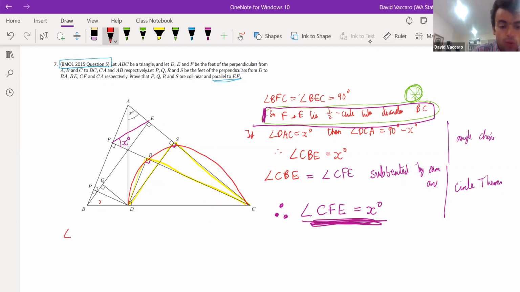The angle DRC is equal to the angle DSC is equal to 90 degrees. So R and S lie on the semicircle with diameter DC.